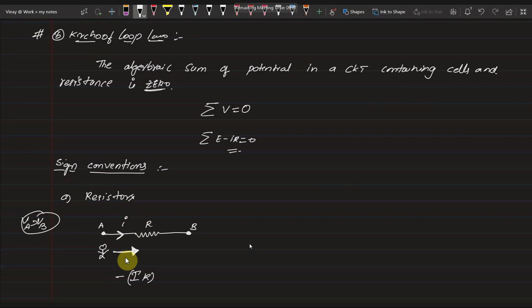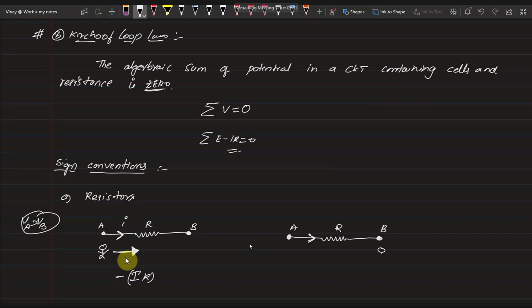Please remember this. And similarly, I'll take it as a resistor. I'll take this point as A, this point as B, and resistance R. Now current is flowing from A to B. Now tell me which is at high potential and which is at low potential. A is at high potential and B is at low potential.